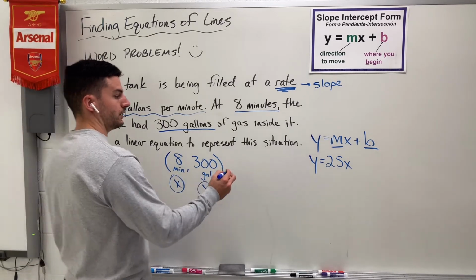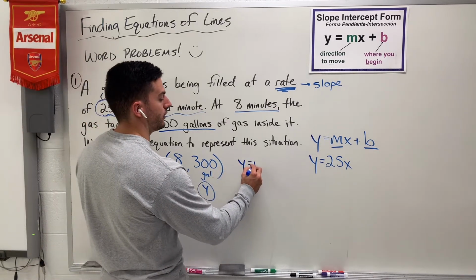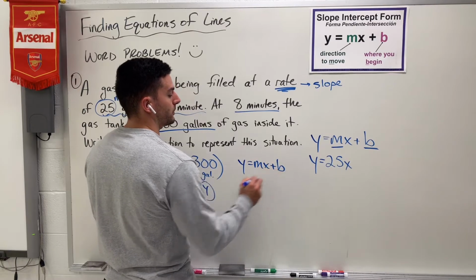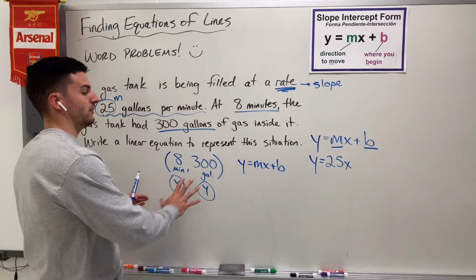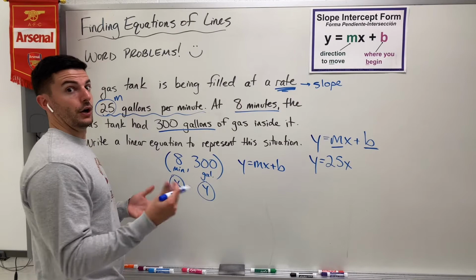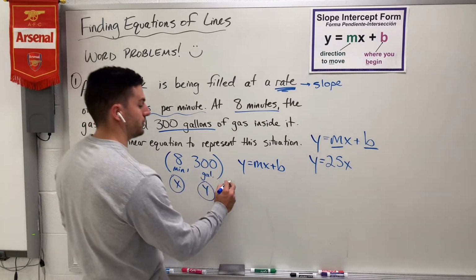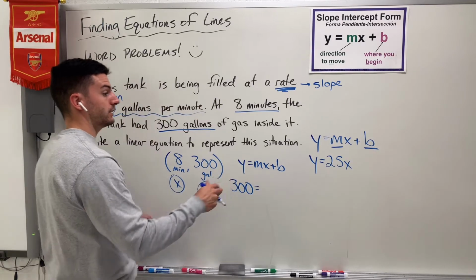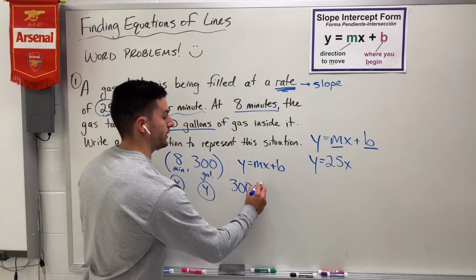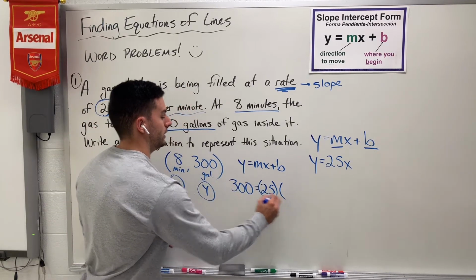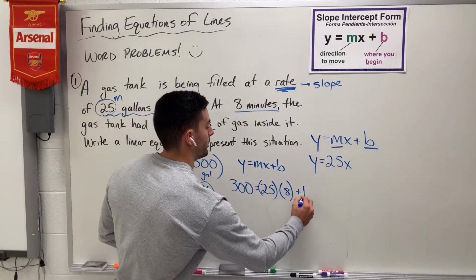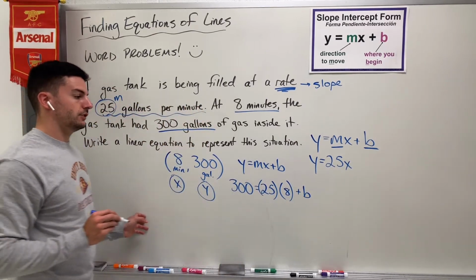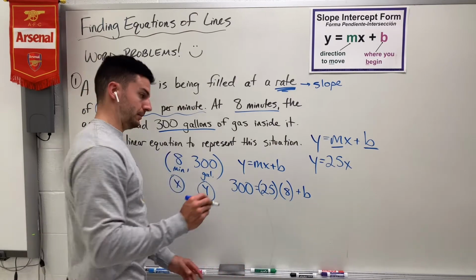So doing that here, my standard equation, y equals mx plus b. I'm going to substitute in these values that I already know. So y is 300, so it'd be 300 equals m times x. So m is 25, and x is 8, and then plus b, okay? And then I solve it for b.